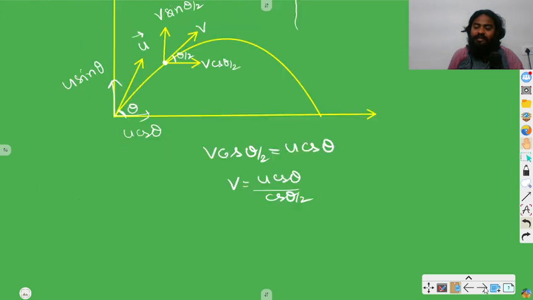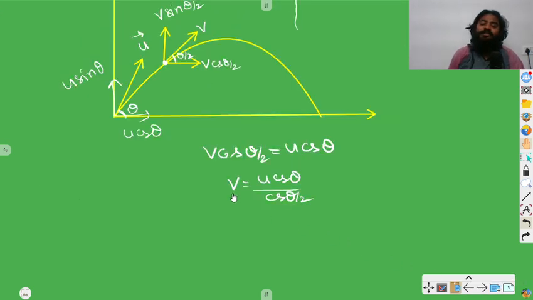Same way we'll have here radius r is equal to v square by g cos alpha. What is alpha here? Theta by 2, cos theta by 2.